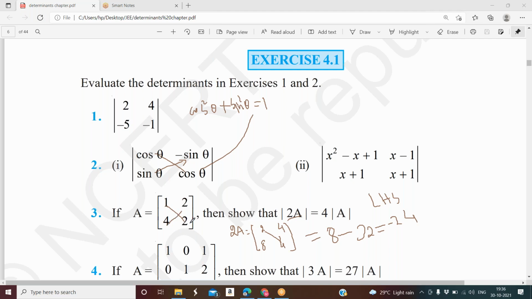What is 2 minus 8? It is minus 6. Determinant A is minus 6. We have 4 outside, so 4 into minus 6 is minus 24. So LHS is equal to RHS. Is that clear?